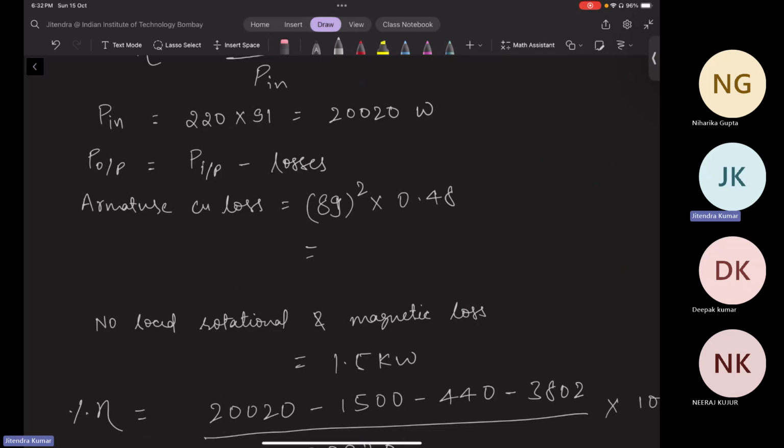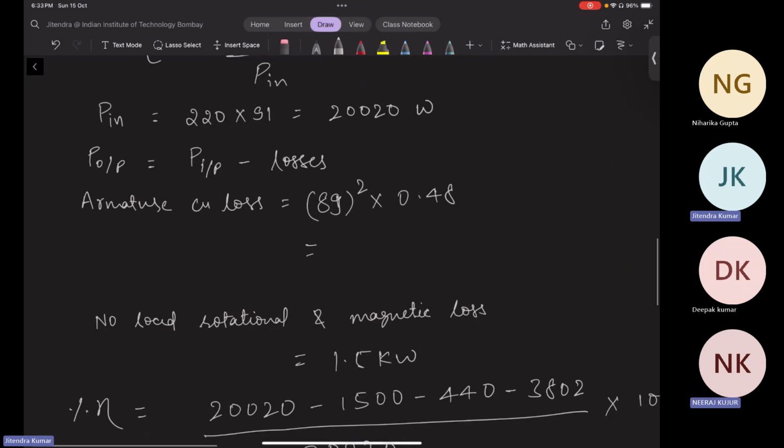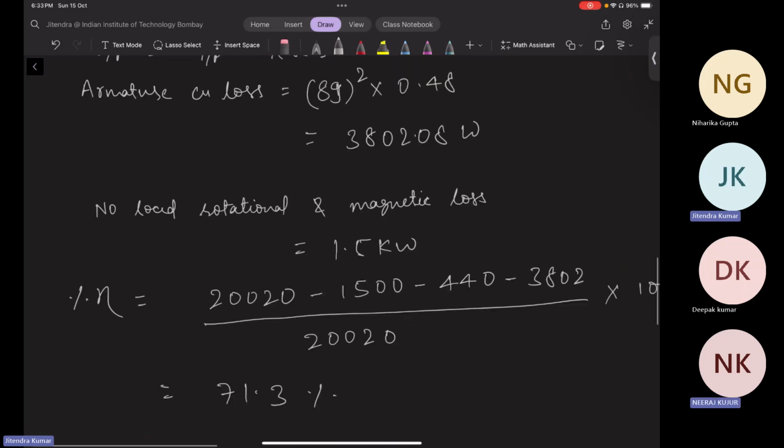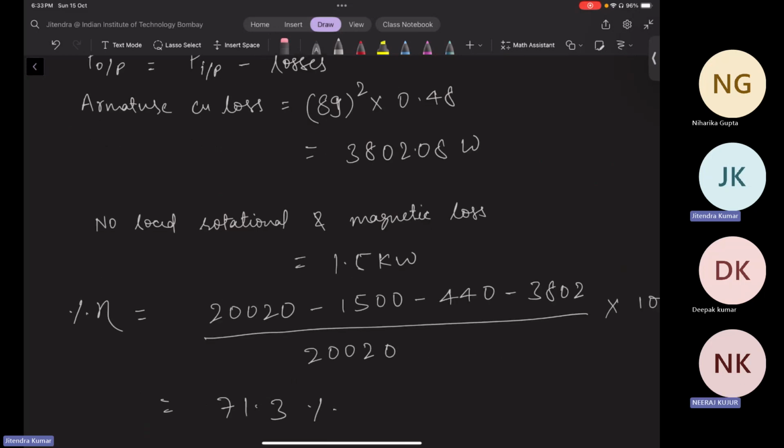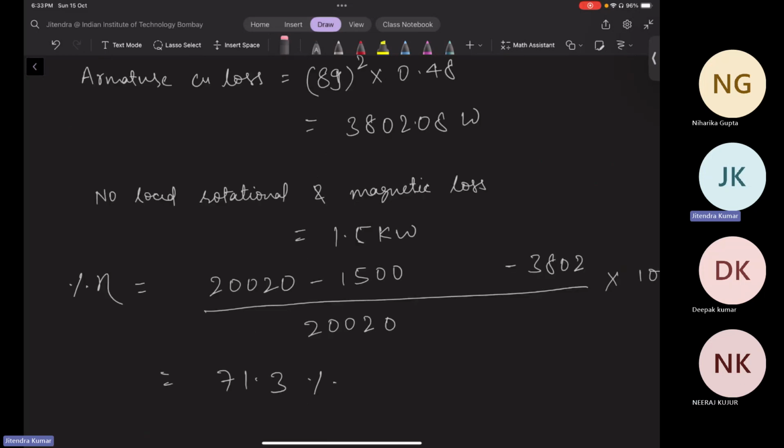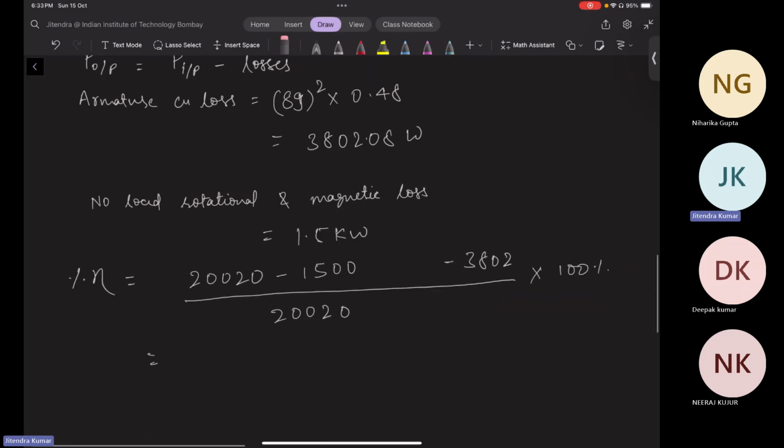I hope it is fine now, right? Yes. 3802.081. Now how much it will be? Minus 1500 minus. Okay, this term will be 1 since field losses was already included. Yeah, thanks for pointing out. This is a very important thing. I guess I committed a mistake here, but thanks for pointing it out.